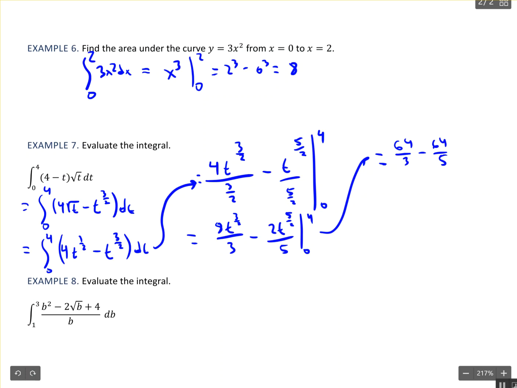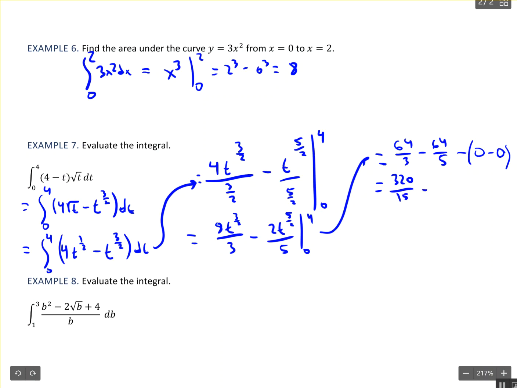Now when I plug in 0, 0 to the power is still 0, so I get 0 minus 0. You don't have to write that part down, but don't forget to subtract the bottom number. I don't know, we could use our calculator or just find a common denominator. Let's do a common denominator. Multiply this guy top and bottom by 5, so 5 times 64 is 320 over 15.